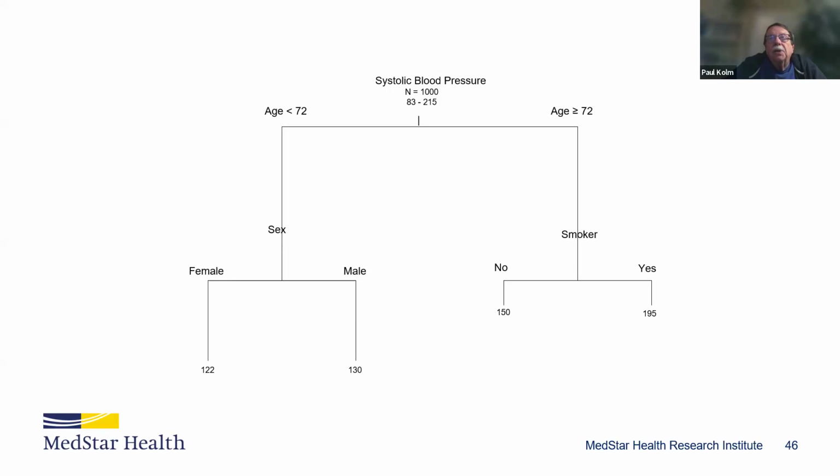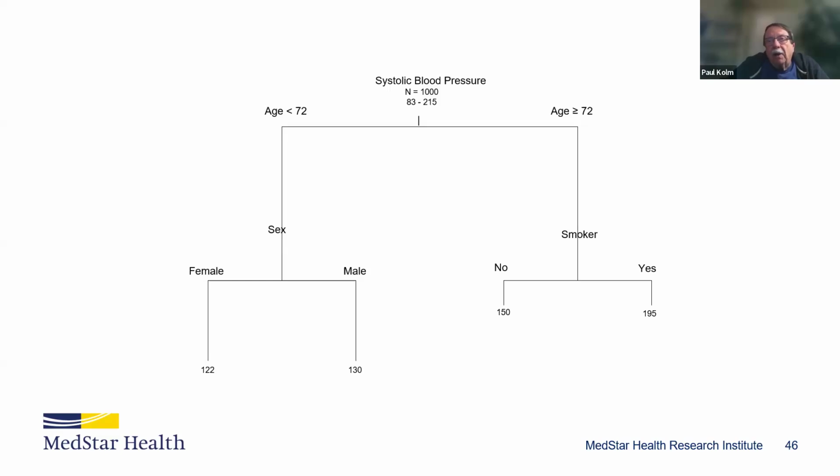At age greater than 72, we have another partition, whether they smoke or not, which is just a yes or no. The number at the bottom of those terminal nodes, the yes or no for smoker, is the mean blood pressure for each of those two categories, smoker or not.